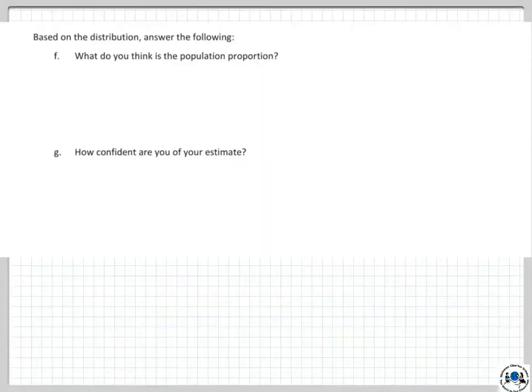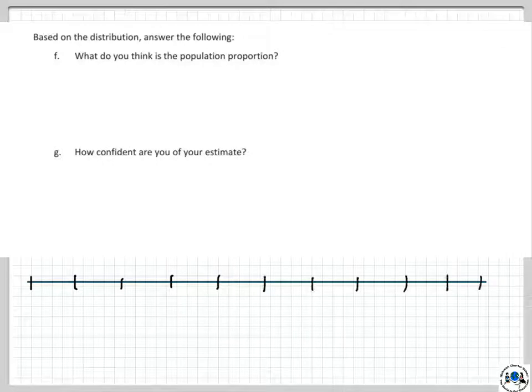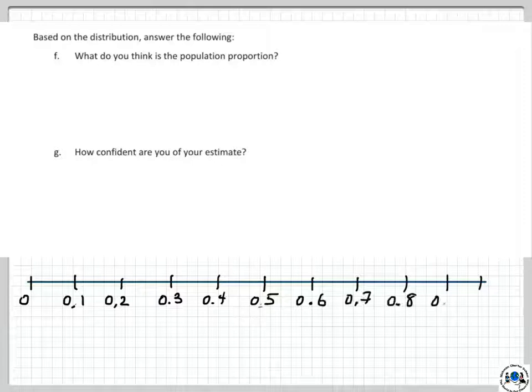I'm going to put our distribution in here again, and we'll answer these last two questions, F and G. F says, what do you think is the population proportion?